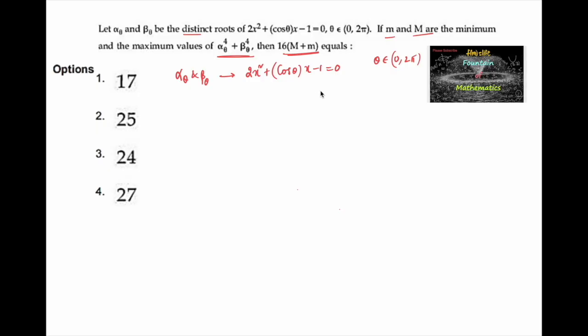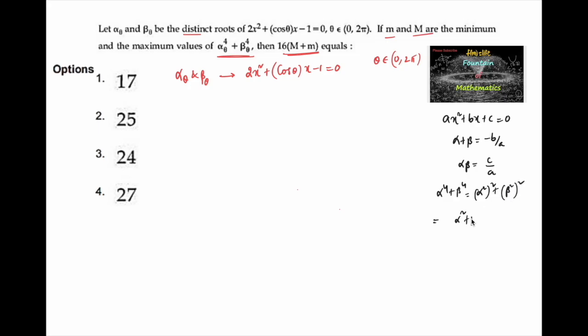We know for quadratic equation ax square plus bx plus c equals to 0, the sum of the roots alpha plus beta is equal to minus b by a, and the product of the roots alpha beta is equal to c by a. And alpha power 4 plus beta power 4 we can write as (alpha square) whole square plus (beta square) whole square.